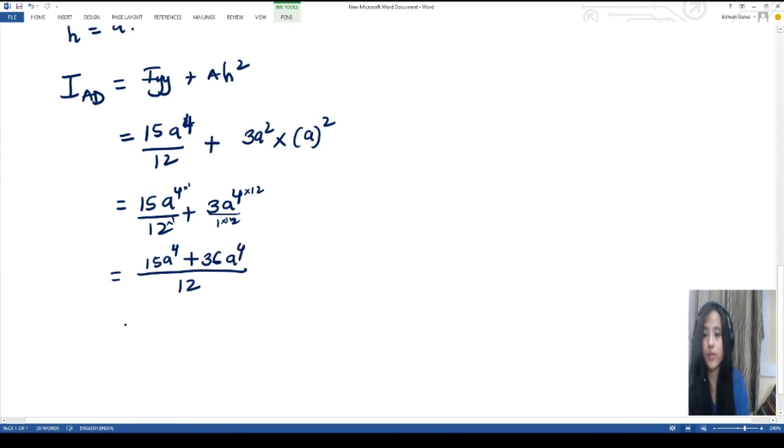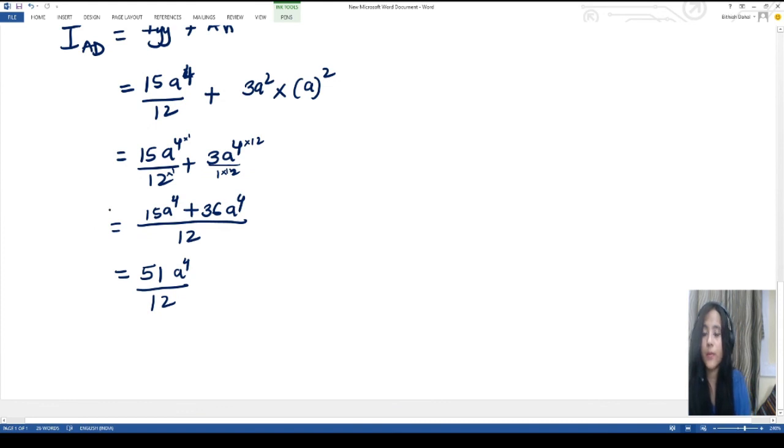So this will be coming equal to 15 plus 36 will be equal to 51 a raised to power 4 divided by 12. Now we can divide this number by 3. How do we know? 5 plus 1 is 6, 2 plus 1 is 3.